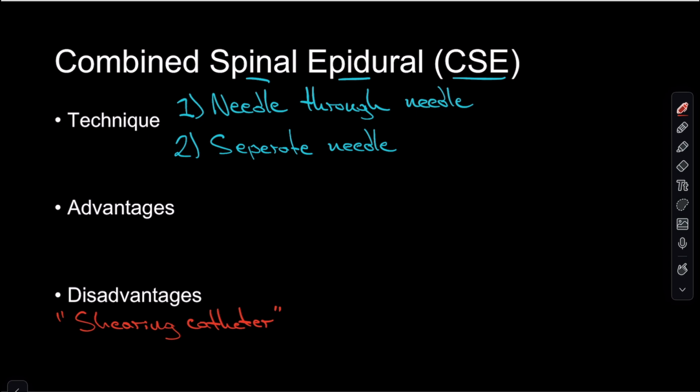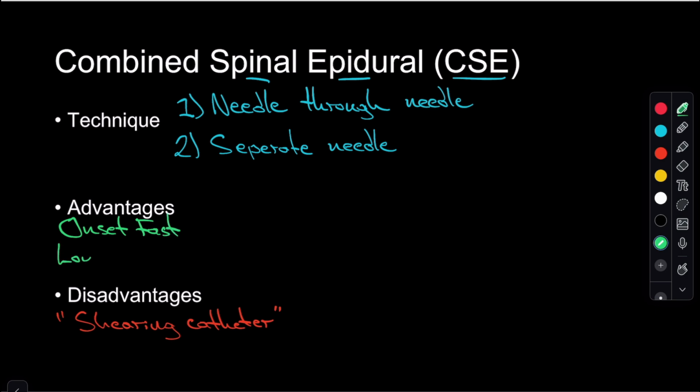The advantages are pretty intuitive. So because you're using both of these and you use a spinal, you're going to maintain the fast onset time of the spinal. Because you're leaving a catheter in their back like an epidural, you can still get longer duration.